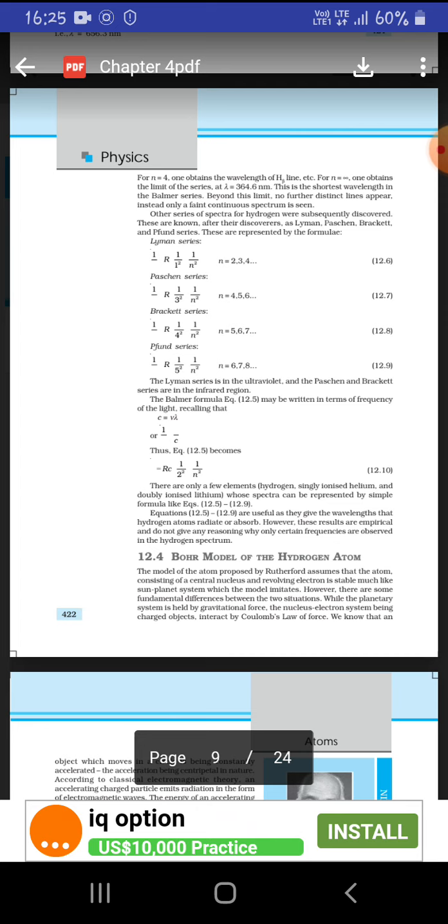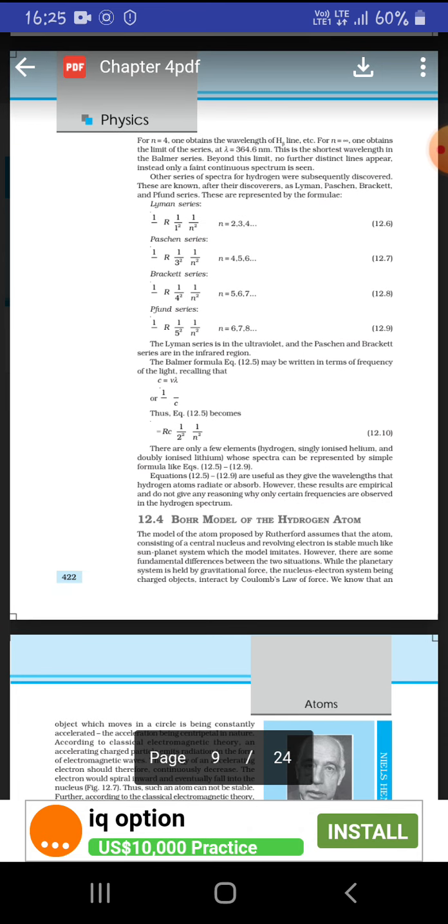Here we put n as 3, 4, 5, and so on, and we get the other lines of the series, like this you should use it. The Balmer formula is nu equals c by lambda, where nu is the frequency of light, or we can say 1 by lambda equals R times 1 by 2 squared minus 1 by n squared. This is the Balmer formula.